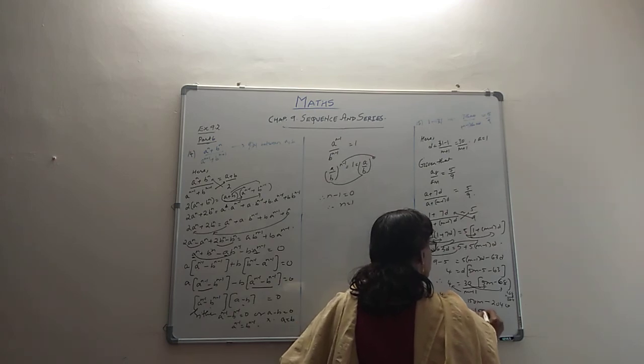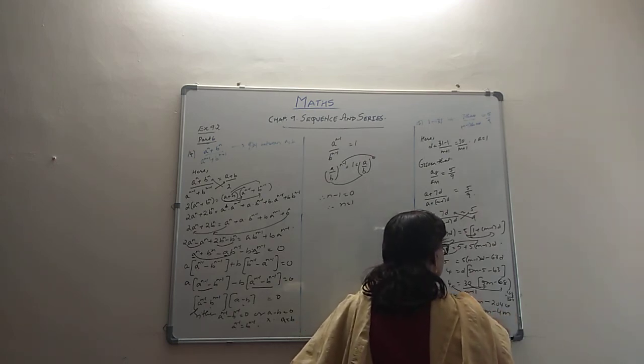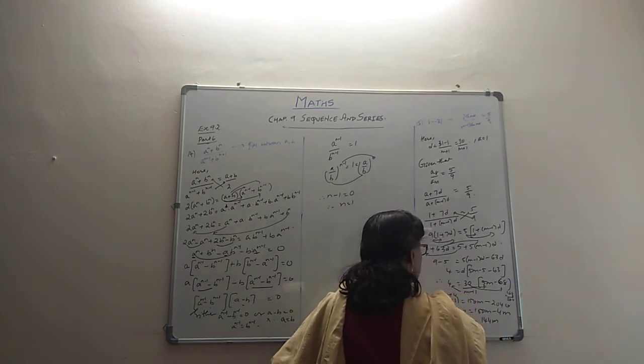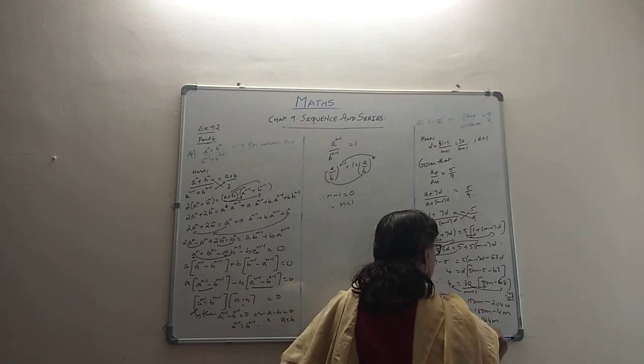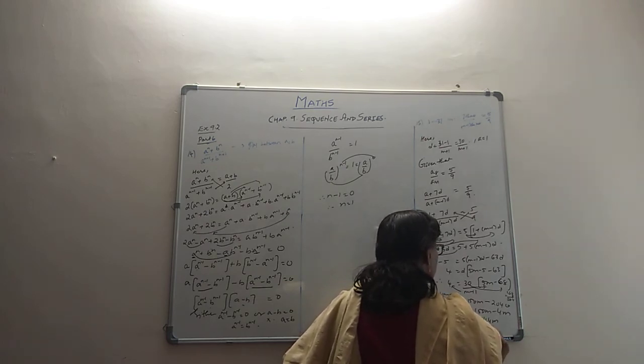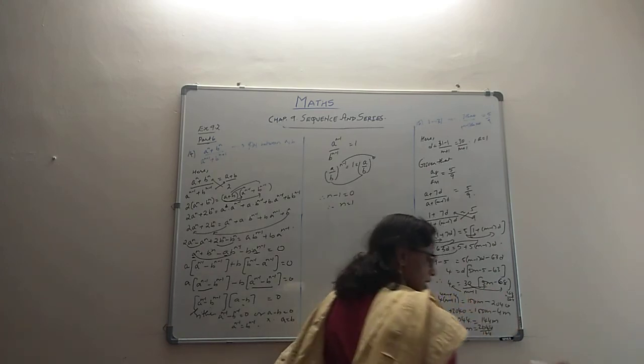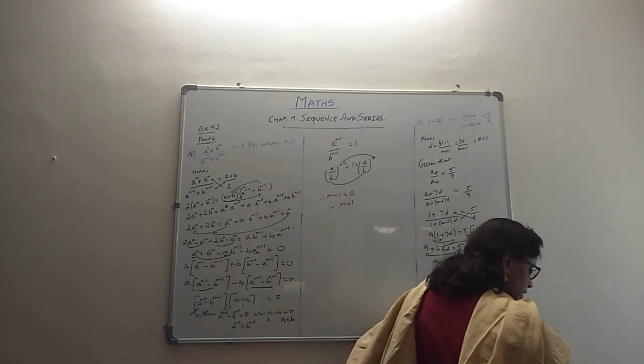Already 150m is there here. Let the 4m come here. So it will become 144m. And here 2044. So what is your value of m? It is 2044 by 144, and it is up for us to find out what this value will come up like.